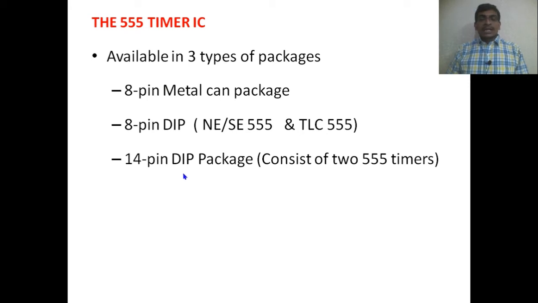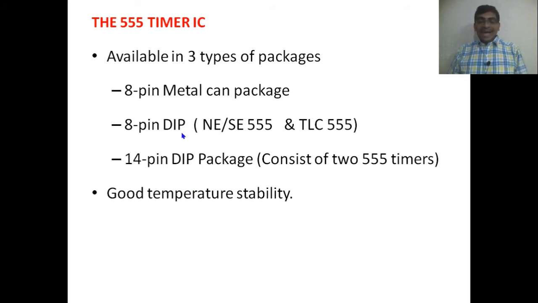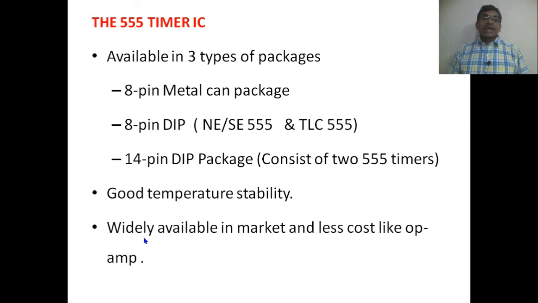So these are the three packages available: 8-pin metal can, 8-pin DIP and 14-pin DIP. These ICs have good temperature stability, are widely available in the market and low cost like an op amp. Op amps and these ICs are very cheap, available for 10 or 20 rupees too.